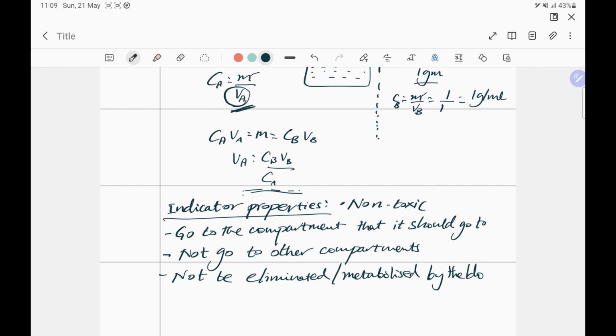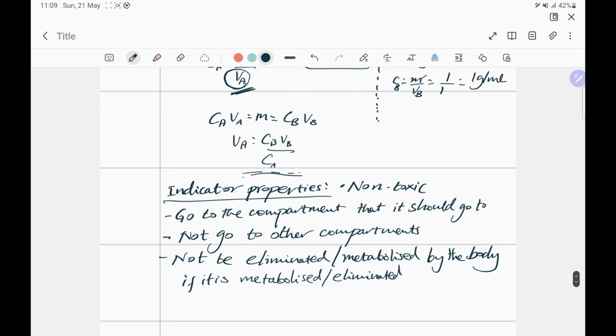Or if it is metabolized or eliminated or excreted, it should be easy to compensate for in the equation.